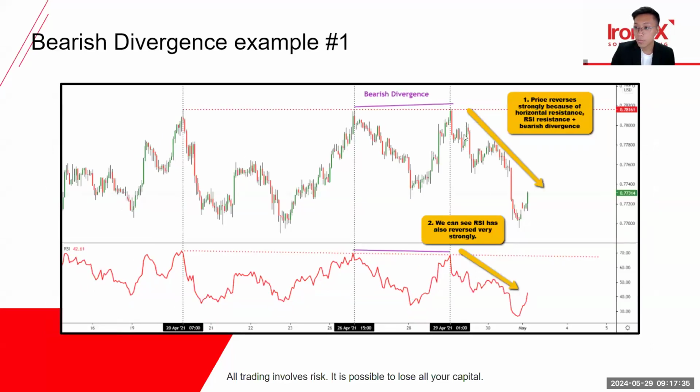Price actually started to reverse almost immediately, because we have a horizontal resistance level over here, plus RSI resistance, which is this line over here, plus your bearish divergence confirmation. RSI has also reversed very strongly.